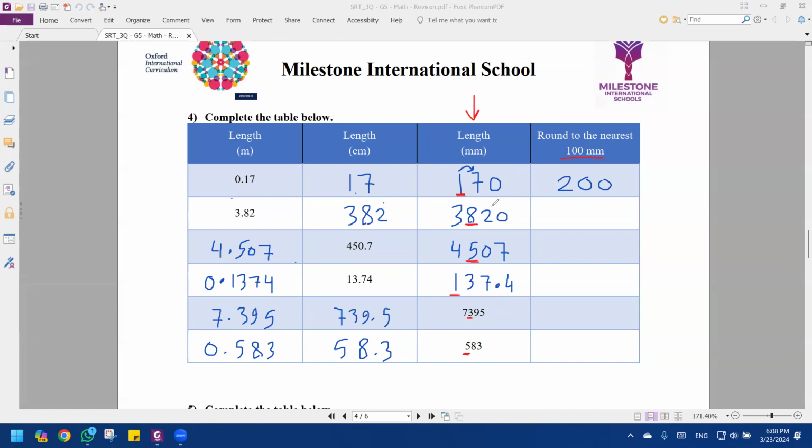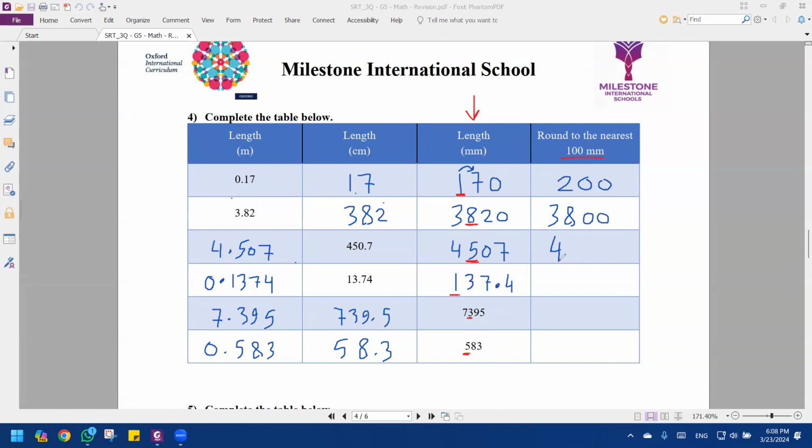So 8, we look back at 2, it's round down. So I write the 3, I write the 8, and since it's round down, everything after that is 0. So 3,820, if I round it down, it will be 3,800. Always test your answer logically. Is it close? Yes, it is close, so it's correct.